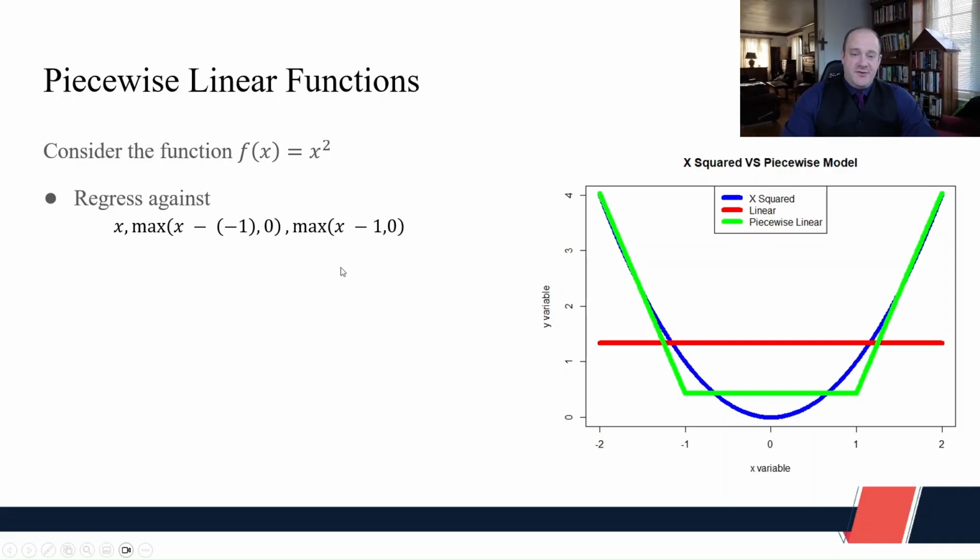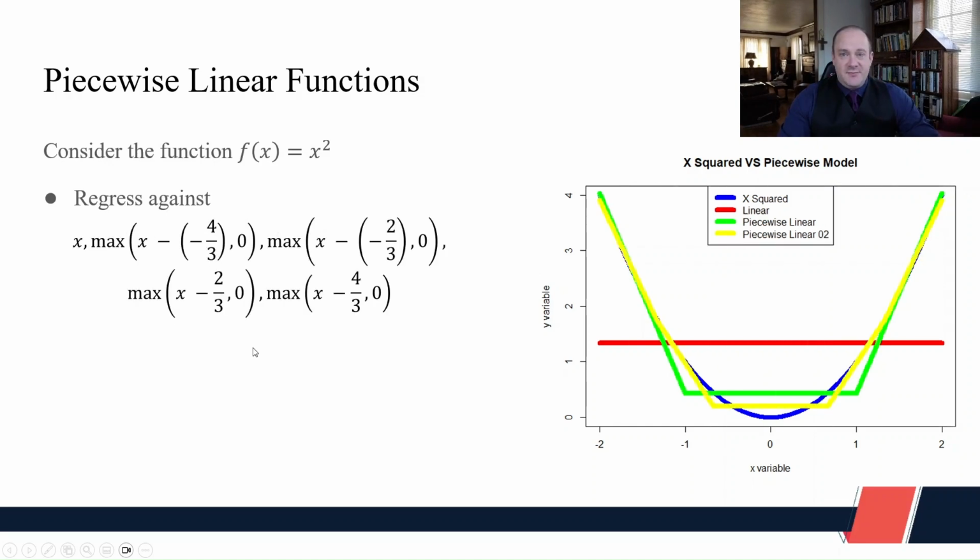And so now you can have a more complicated piecewise linear function. So you've got this guy here. What we are going to do here is break this thing up into slightly finer components. So we're at -4/3 here, -2/3 there, 2/3 and 4/3.